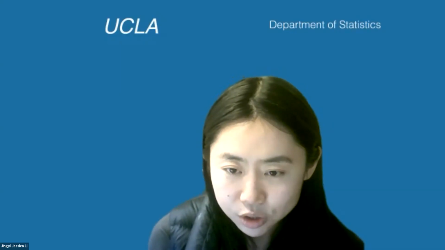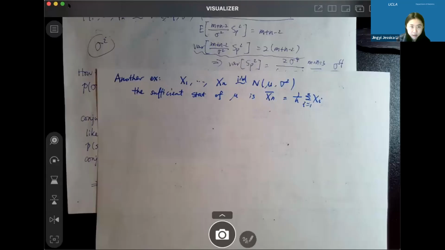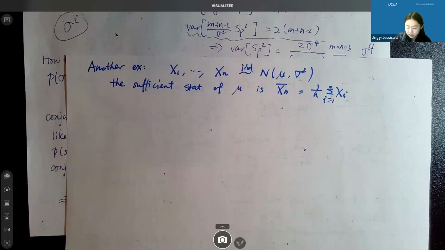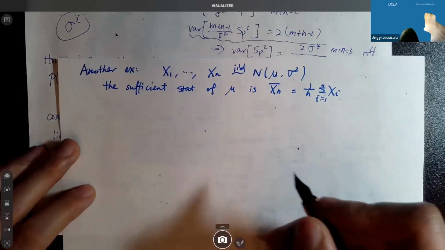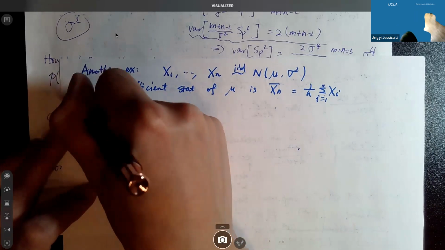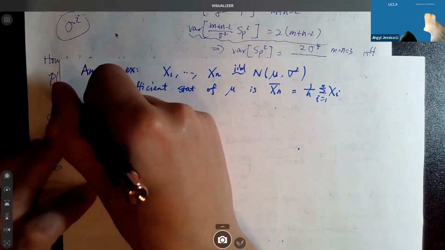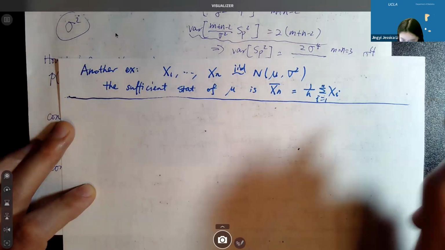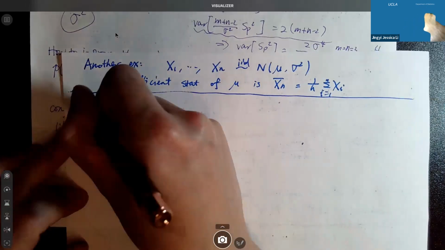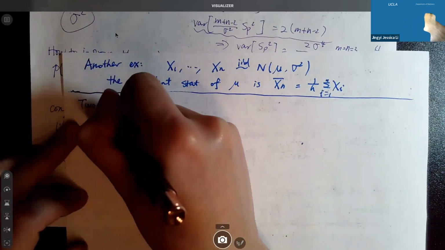So coming back to our lecture, the next thing I want to talk about is the permutation test. Now let's say we have, recall what we talked about for the t-test, the two-sample t-test.